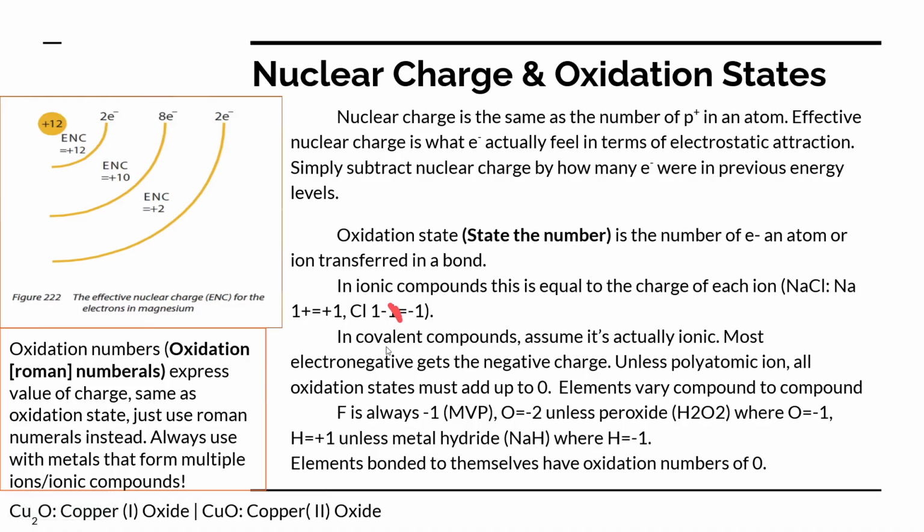As an example, Cu2O is going to be copper(I) oxide, because O is going to take a -2 charge, so if there's 2 coppers, you have to know each has an oxidation state of 1. And for CuO, you have to know that copper is going to be a +2 charge, so you're going to have copper(II) oxide when you're naming it.